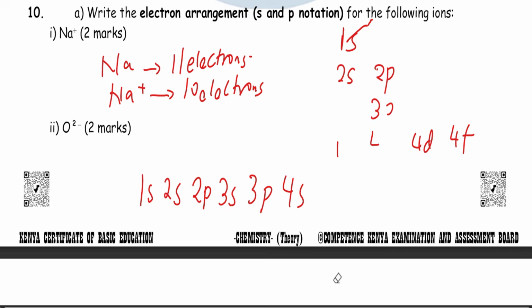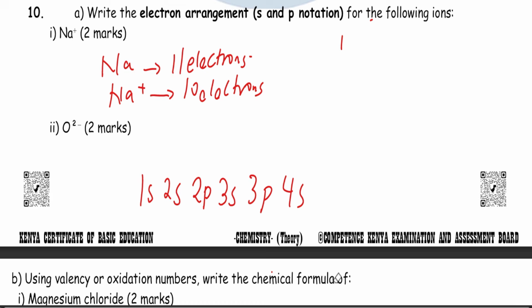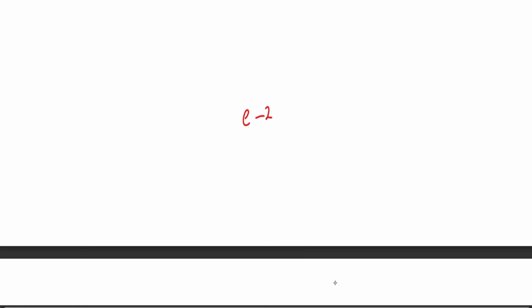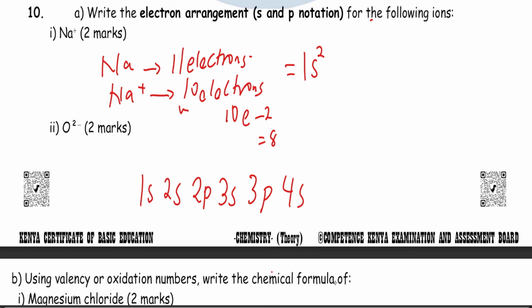So now how do you draw it? How do you draw the electronic configuration using the s and p notations? Very easy. For the first orbital, it takes 2, and obviously it has 10 electrons. If you subtract 2, you still remain with 8.